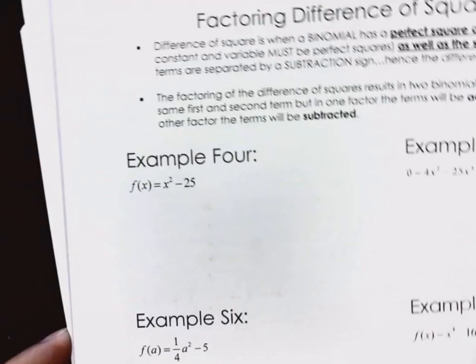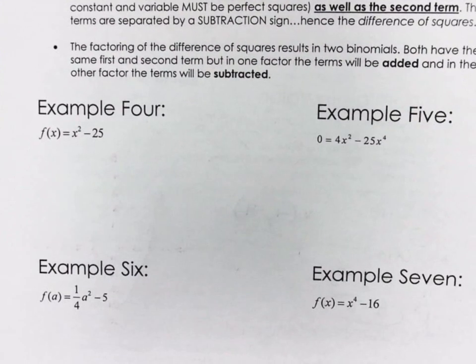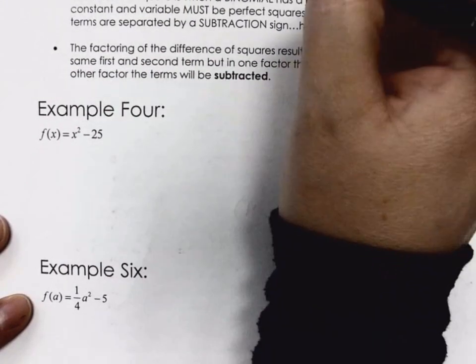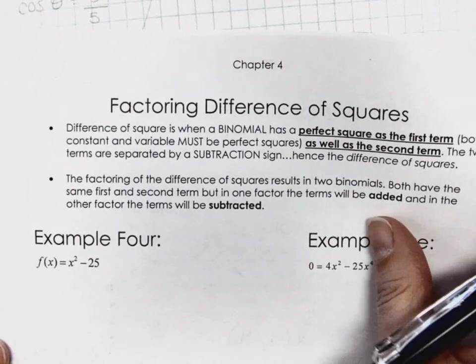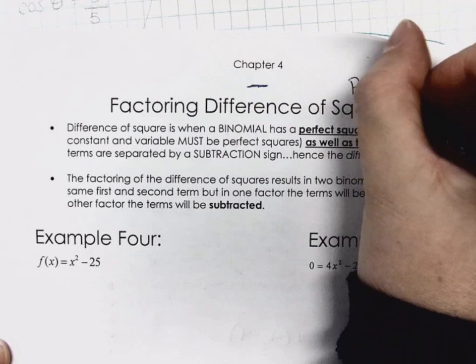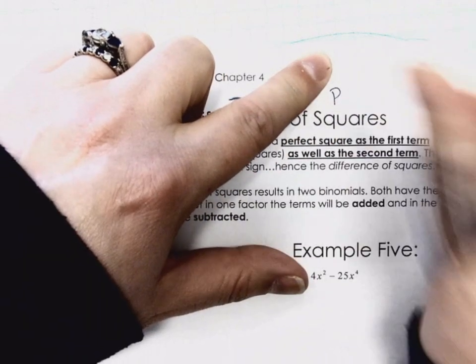Okay, people super struggle with this, and it's not terrible. It's easy. In the end, when we're doing difference of squares, difference means subtract. Squares, we're looking for perfect squares. And you guys know the perfect squares, right?